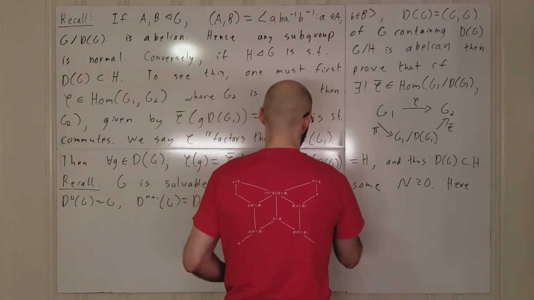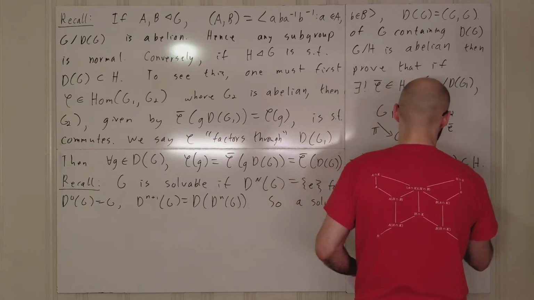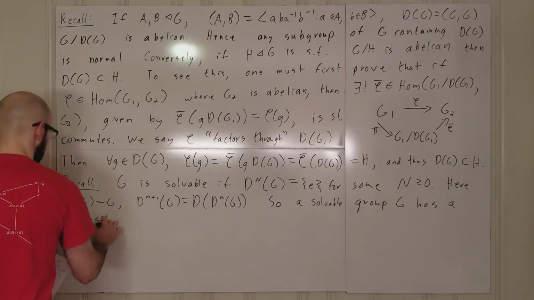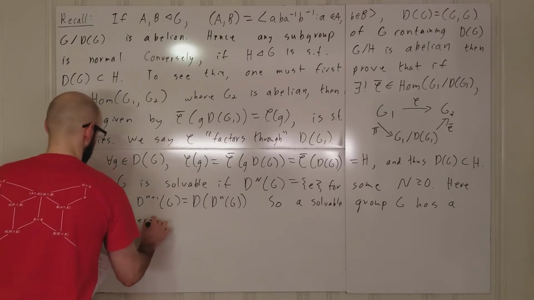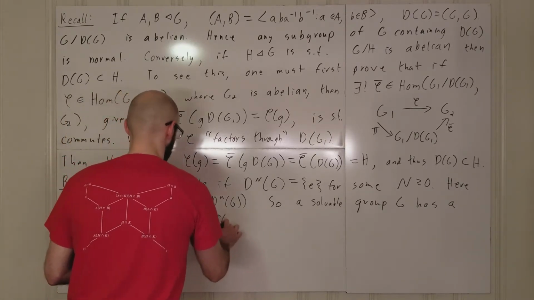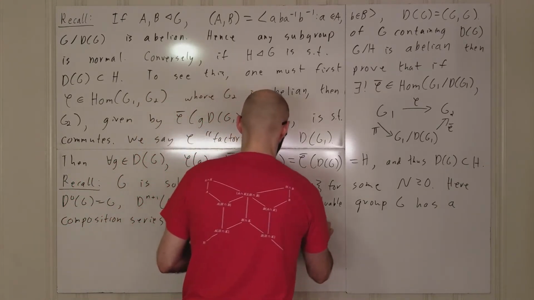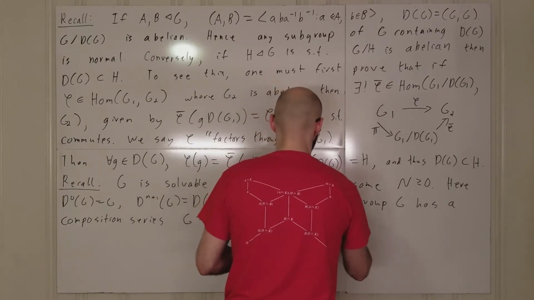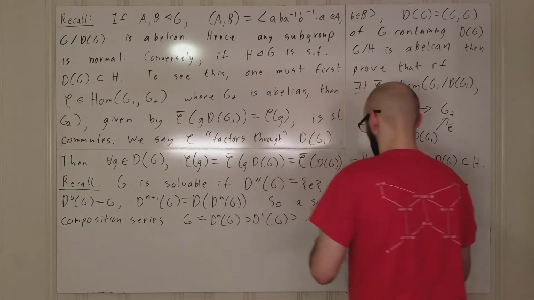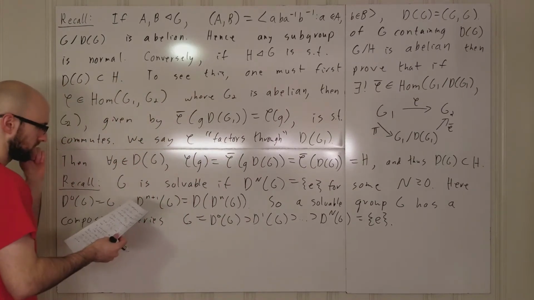So a solvable group G has a composition series, and what you can do is you could just take G and write that as d0 G, then it contains d1 G, then it contains all the way down to d^n G, which is E. Okay, let's see here.